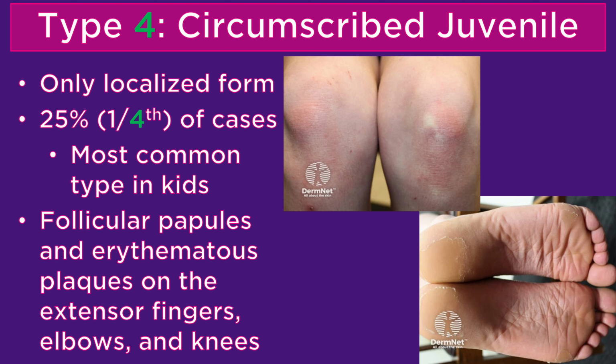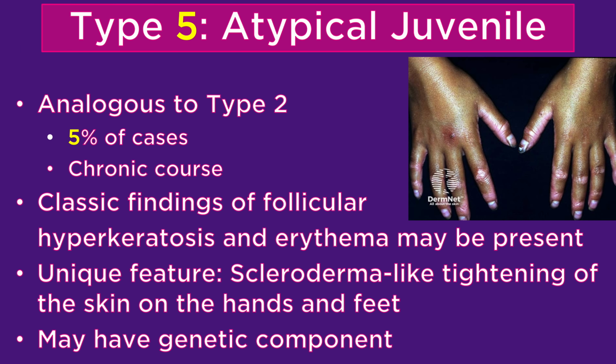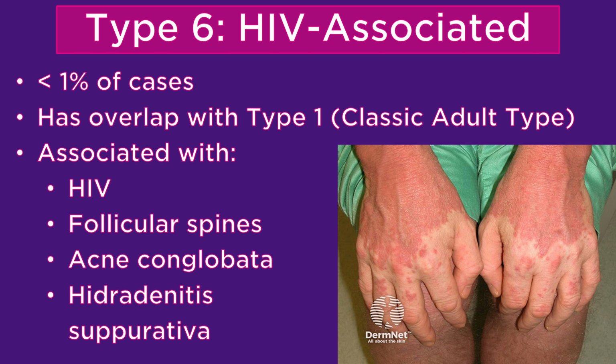These kids with Type 4 PRP present in clinic with symmetric, keratotic follicular papules and plaques on the extensor fingers, elbows, and knees. Type 5 PRP is the atypical juvenile form, making up 5% of cases, and has sclerodermoid changes of the hands and feet in a more chronic course. And then there's Type 6 PRP, which is a newly described HIV-associated form.